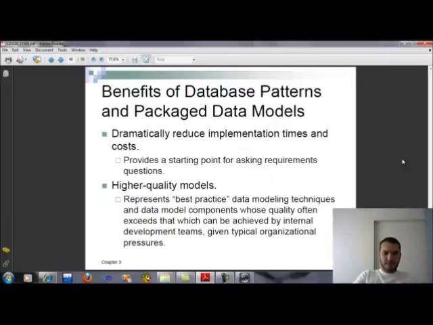Benefits of database patterns and packaged data models: dramatically reduce implementation times and costs, provide a starting point for asking requirements questions, higher quality models represent best practice data modeling techniques, and data model components provide quality and open access that can be hard to achieve by internal development teams given typical organizations' procedures.